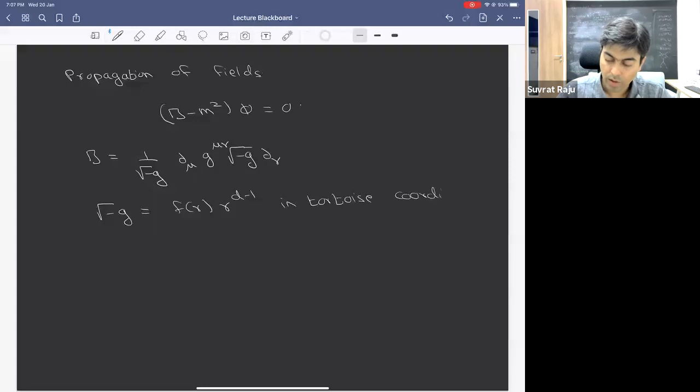That's because from the dr star term you get an f of r, and from the dt squared term you get an f of r, so you get f of r squared. When you take the square root of that, you just get an f of r. And you have an r squared in front of all the sphere coordinates. There are d minus 1 of those, so you raise it to the power d minus 1, and taking the determinant, you take a square root, you get back r to the d minus 1. And it's also the case that g star star, which is minus g tt inverse, is 1 over f of r.